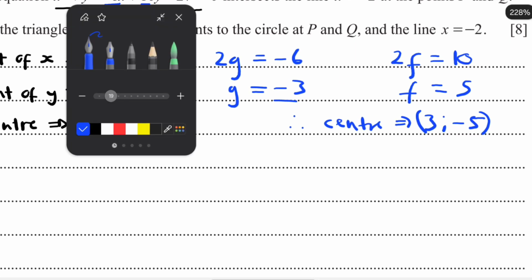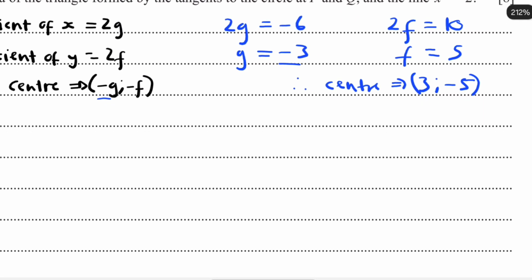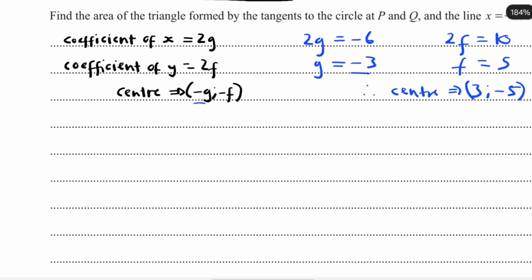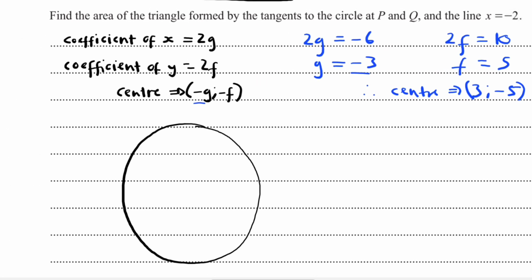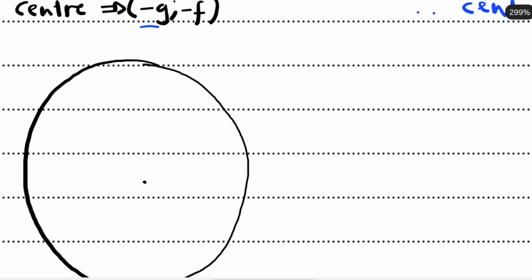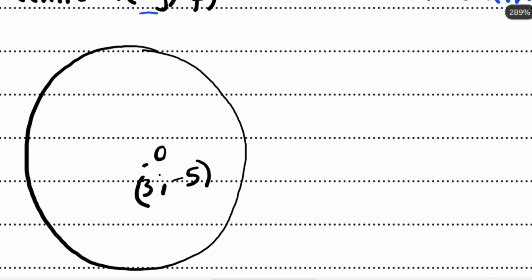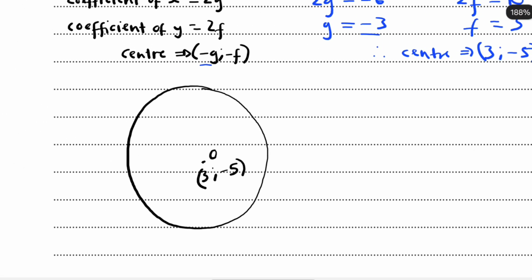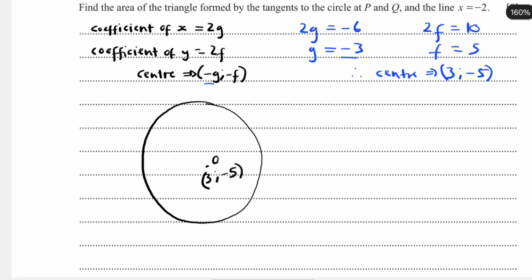So we're going to try and draw a sketch of a circle with center (3, minus 5). Then we put our center (3, minus 5), and we can call it O. And we're told we have a line x equals minus 2.